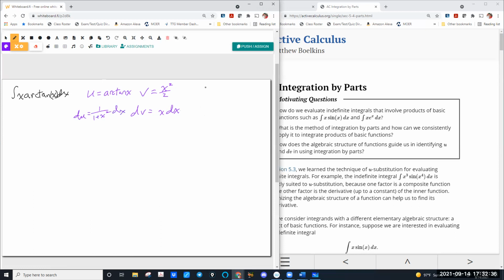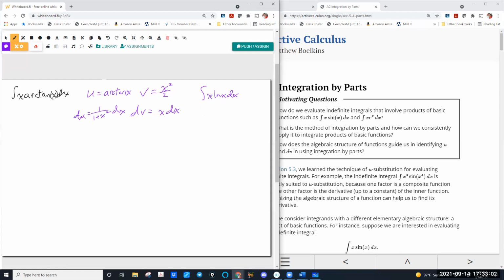Another example of this, if you had, say, x ln of x dx, same thing. We're not going to have u be x because we don't know the antiderivative of ln of x. It's not one of our trivial ones. And actually, the antiderivative of ln of x is found with integration by parts. One of the groups is going to do that in homework.